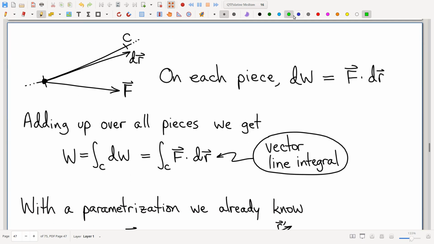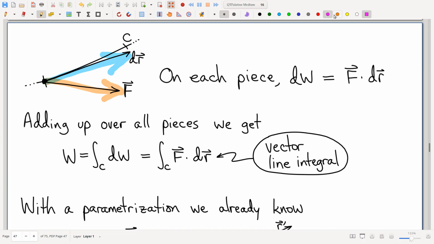So, all right, with all of that established, it does break down actually pretty nicely. On our little piece of curve, we've got this differential notion of displacement, dr, and we have our field, force, and this is approximately straight, and the force is approximately constant, and all that approximate is going to go away in the limit as usual.